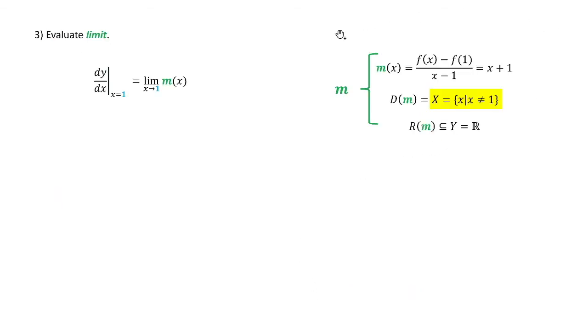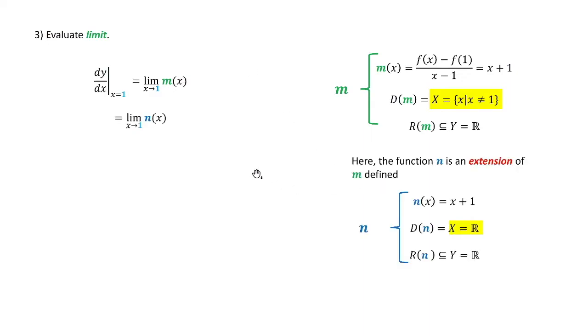Okay, so here's my function. And I want to evaluate its limit. By definition, remember, the slope of the tangent line, that's what this is, dy/dx at this point, is the limit of this function. Now it's a concrete limit problem. Just do it the same way you would always do a limit problem. Forget where m comes from.